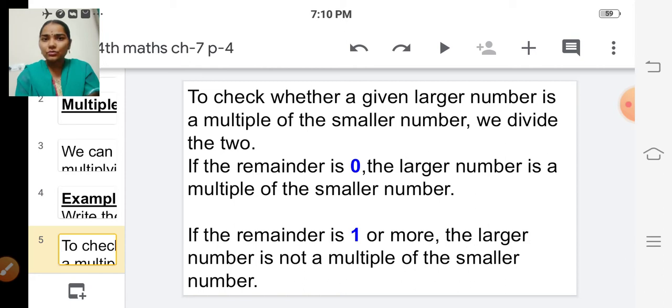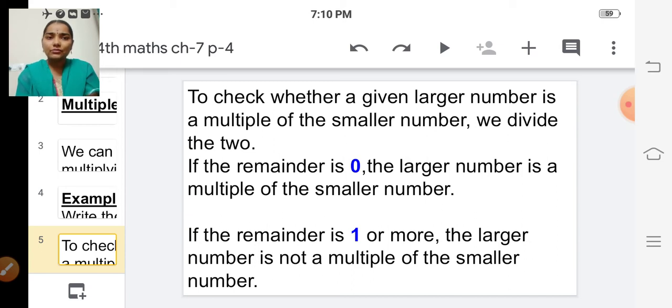So what to do? We have to divide both of them. Okay. So if the remainder is 0, then the larger number is a multiple of the smaller number. If the remainder is not 0, then the larger number is not the multiple of the smaller number.